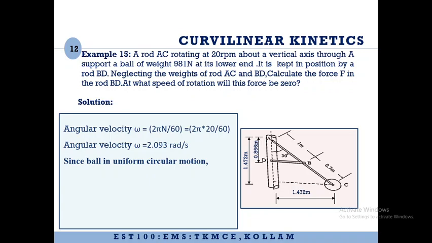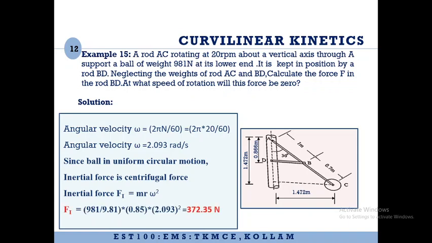Since the ball is undergoing uniform circular motion, the inertial force will be the same as the centrifugal force, and therefore it can be found as m r omega square, that is 981 divided by 9.81 into 0.85 into 2.093 square. So this is the value of the inertial force.